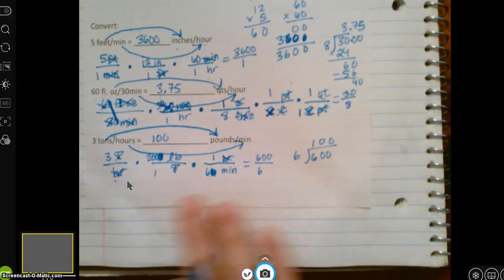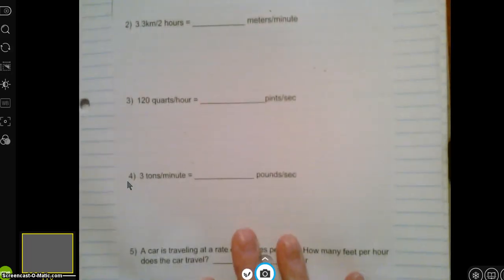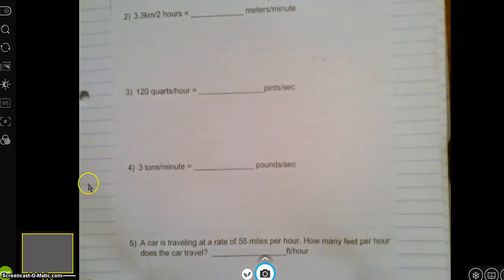Now, I know this seems like a weird order, but the very next page should look like this. Find this in your journal. Make sure you have the right one, because we have like 4 sheets over dimensional analysis. We're actually going to skip down to numbers 4 and 5.